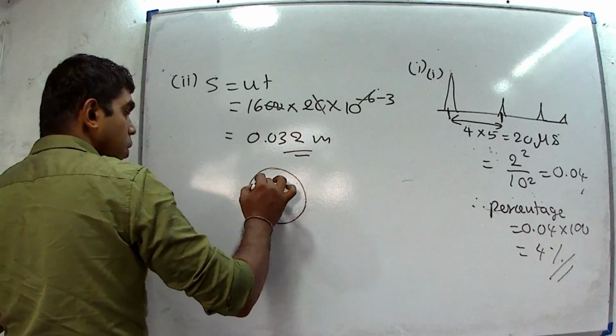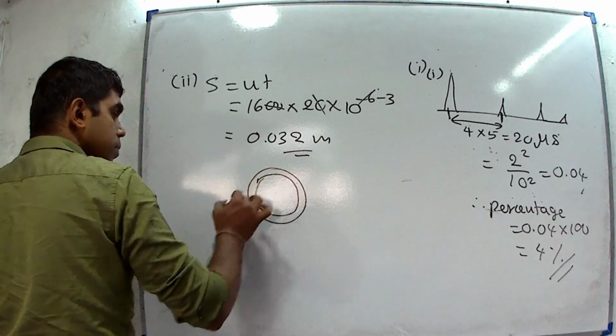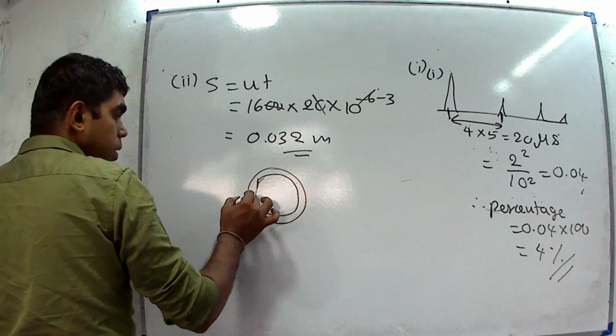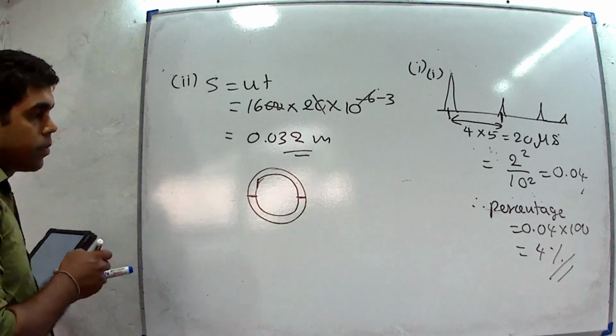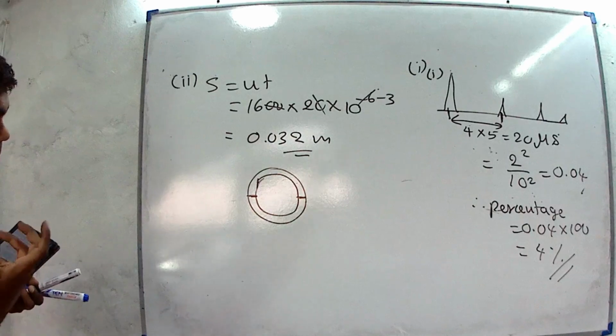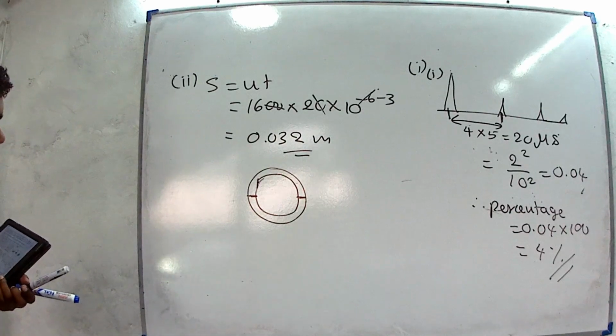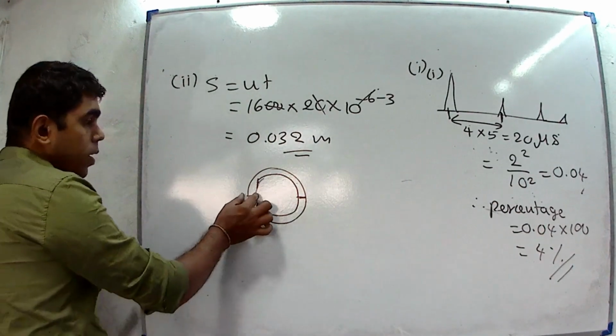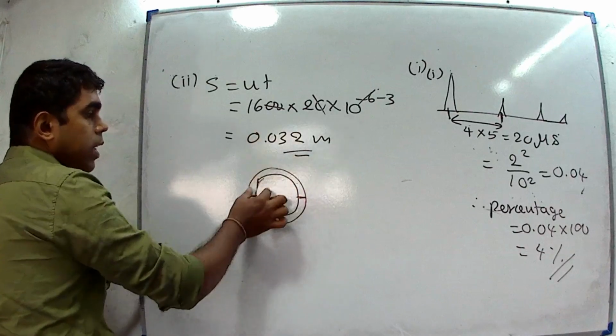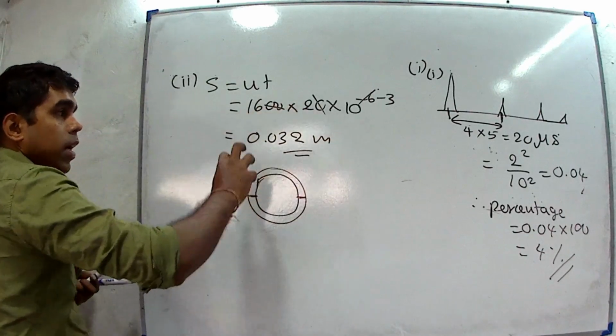If this one is the organ, when passing this part and this part, it takes the corresponding time, 20 microseconds. Therefore, we have to consider the thickness as half of this part.